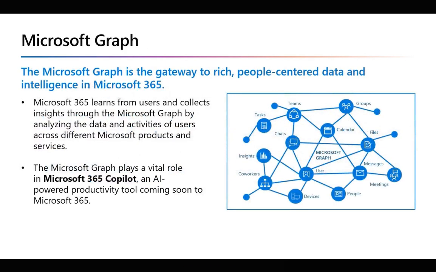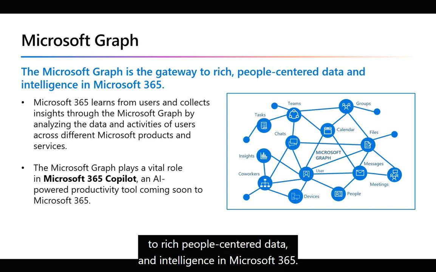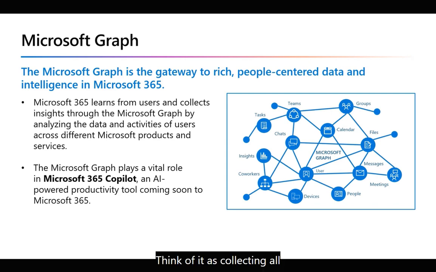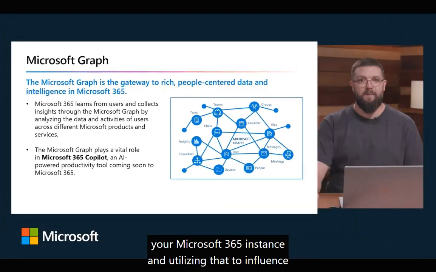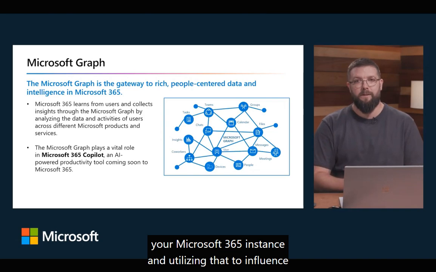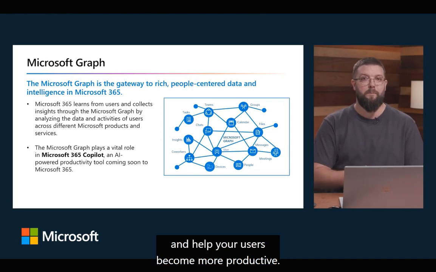Microsoft Graph. Microsoft Graph is the gateway to rich people-centered data and intelligence in Microsoft 365. So think of it as collecting all the telemetry, all the signals that are across your Microsoft 365 instance, and utilizing that to influence and help your users become more productive.